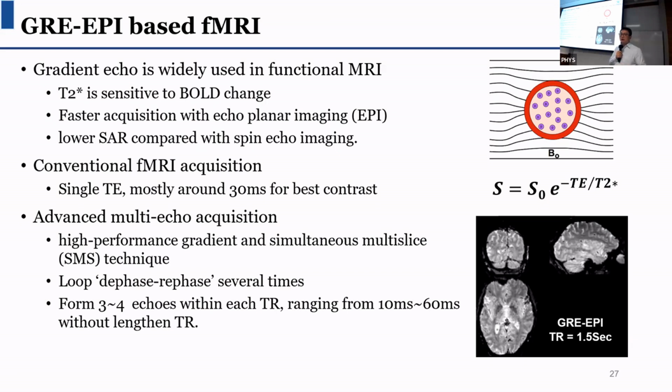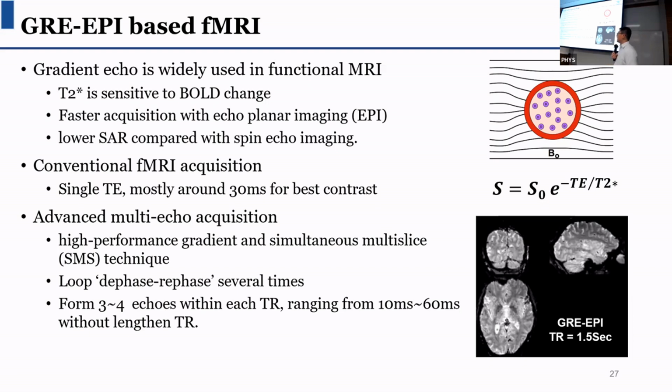The topic today is that I'm trying to introduce this multi-echo method. It's quite advanced compared to the single TE acquisition. That needs high performance gradients and also the simultaneous multi-slice technique. That means you can still collect the whole brain, but use a much shorter TE, or maybe even multiple TEs.